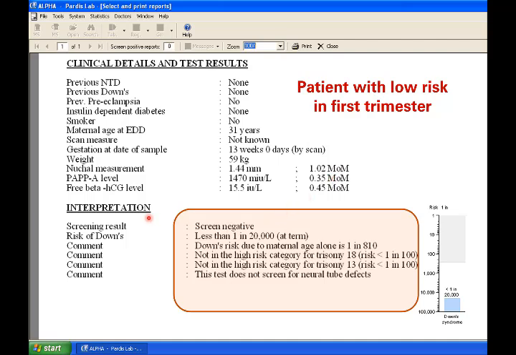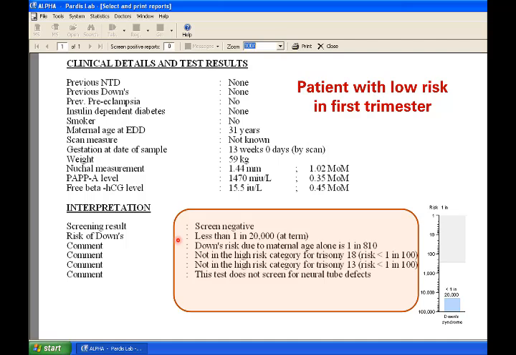So the interpretation here, the screen result, says screen negative, risk of Down syndrome less than 1 in 20,000. Now remember, this is a very good risk and it's very low, but the detection rate for doing only this sonography and combined testing is only 80% at this point.